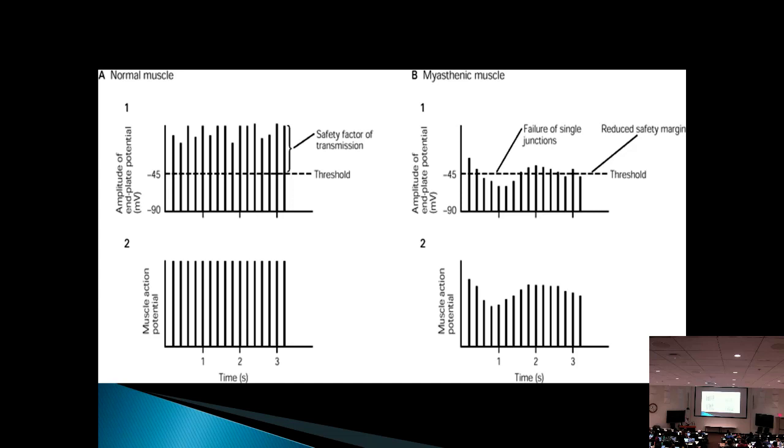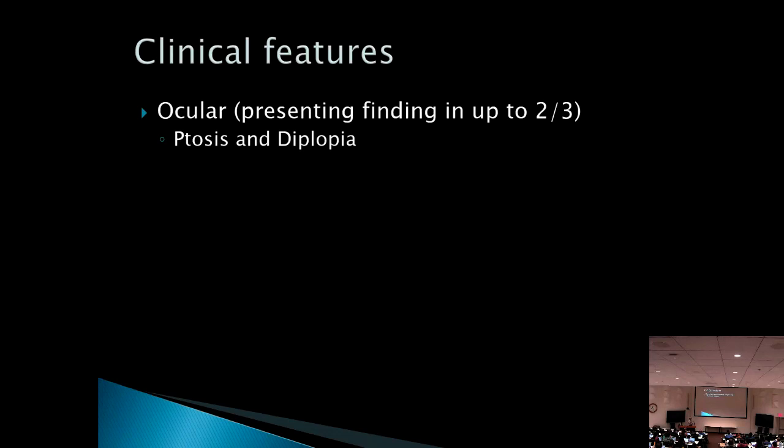It has to do with fewer nicotinic receptors available, a lower safety factor, and so patients have fatiguing weakness. So realizing that, your exam needs to be tailored to try to bring this out so you can then observe the weakness. So we do a different neurologic examination if we're thinking about myasthenia gravis, which I'll explain.